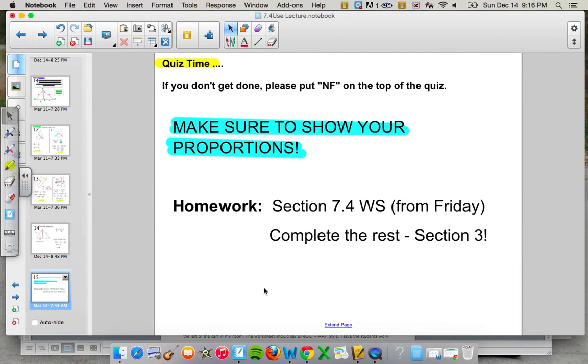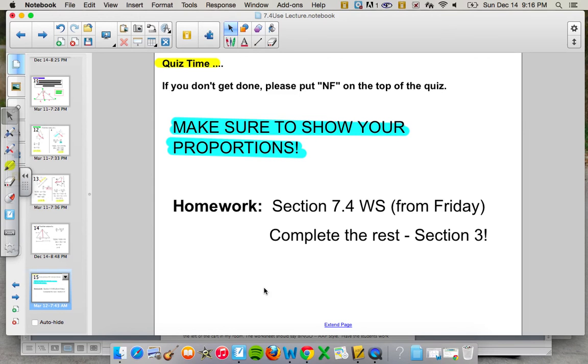Alright, what's going to happen now is you're going to take a quick little quiz. I don't know what time it is right now in your class period and don't know how much time is left after all of the pausing and doing some of these problems. So I'm going to allow you to put the NF on the top of the quiz if you do not get it done.